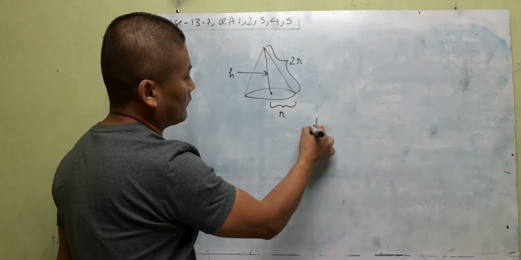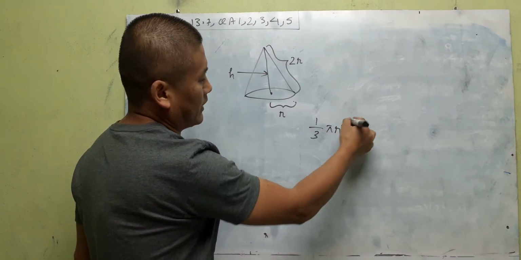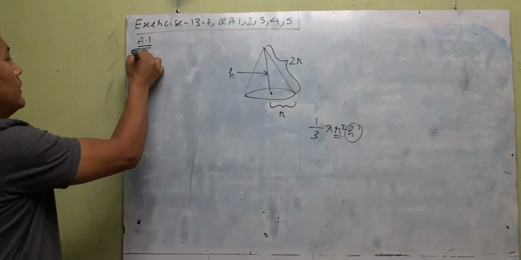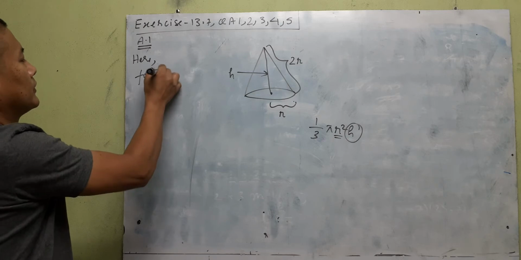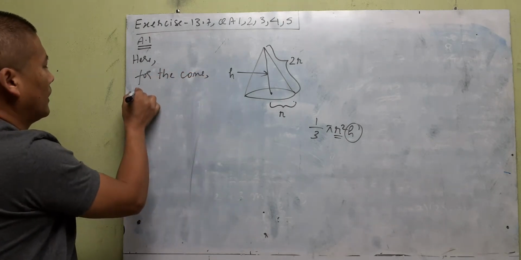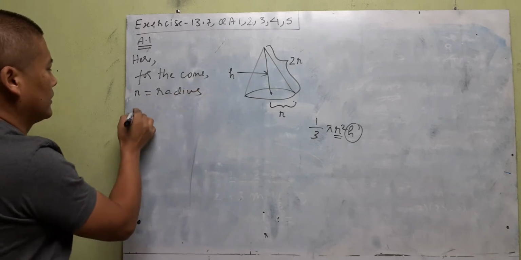We know the formula for volume is 1 by 3 pi r square h. So we'll need h, and r is already there. So here, for the cone, r is the radius given as a value in the question.